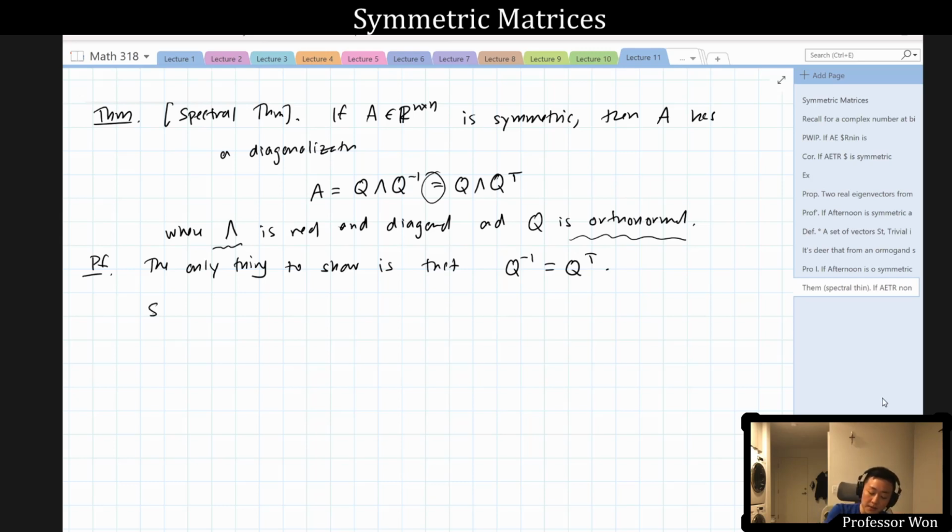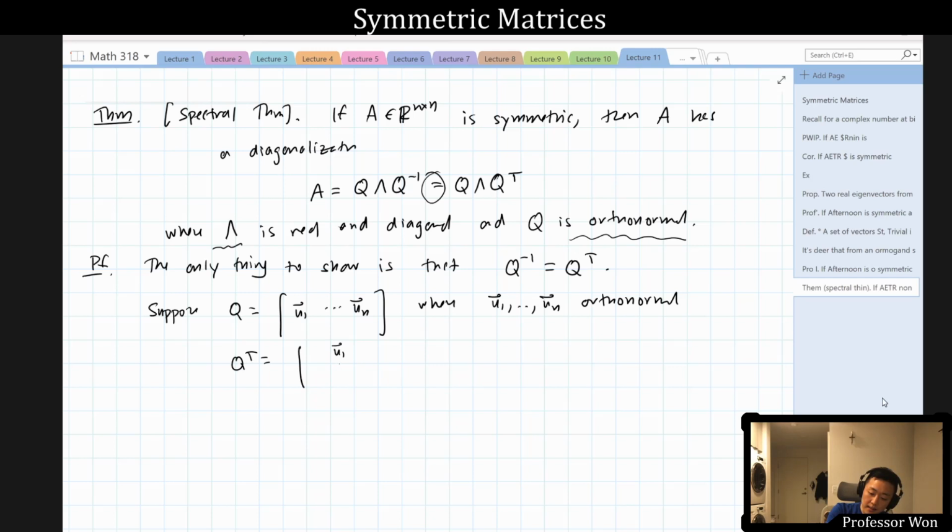Okay, so suppose that Q looks like this. Let's write its columns as u1 through un, where these are orthonormal. Okay, the point is that Q transpose has the row vectors being these same vectors.